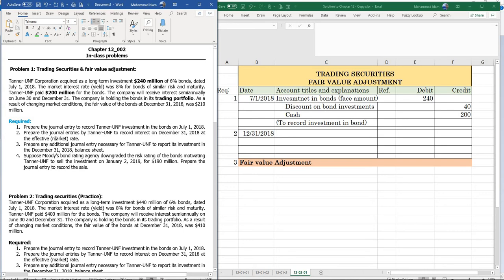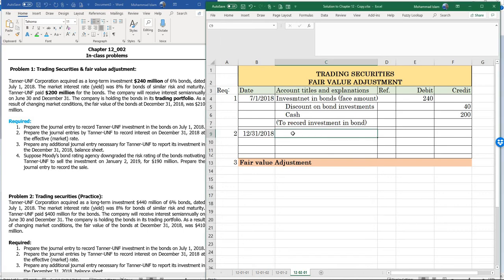The second one says: prepare the journal entries to record interest on December 31st, 2018 at the effective rate or market rate. Let's see how to record this one. From our previous example, we have seen that we need to calculate the semi-annual interest, and there are differences between cash and effective interest.